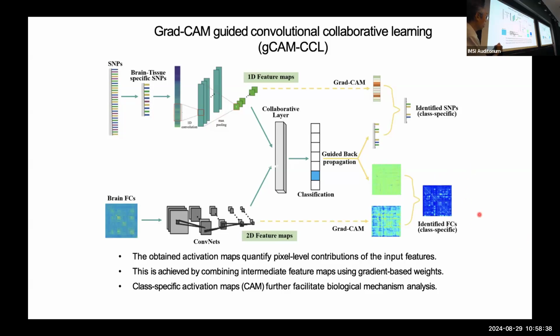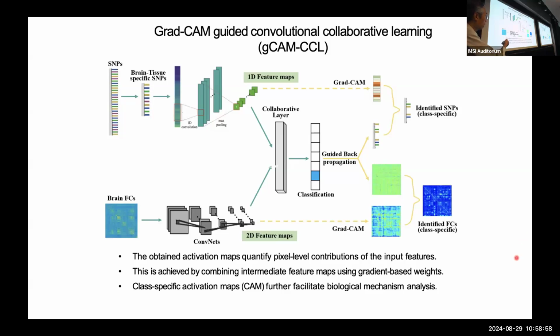After we extract the feature maps, we add a collaborative layer to link the genomic features with the two-dimensional functional connectivity feature map.